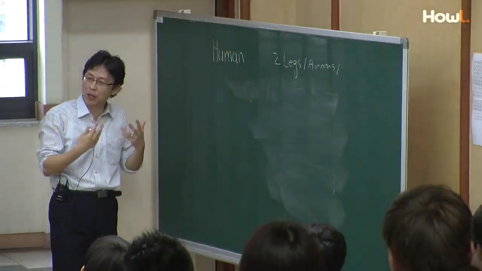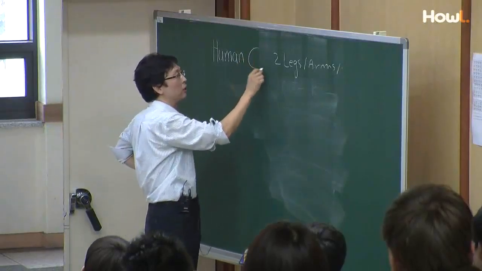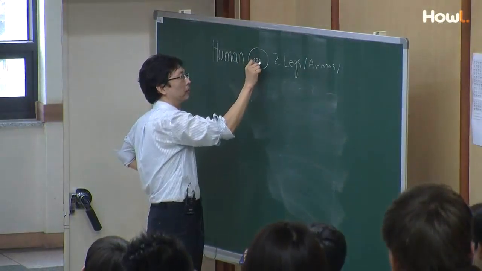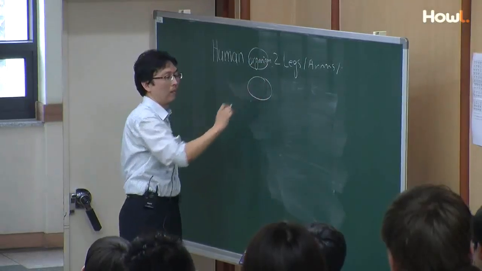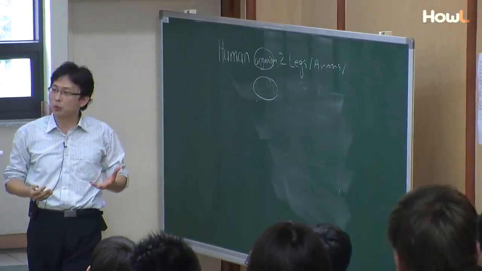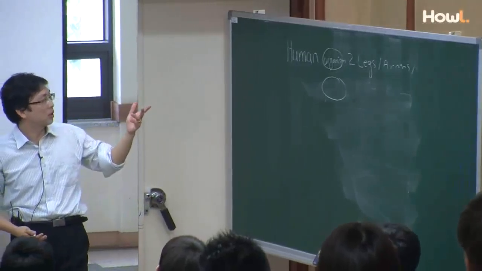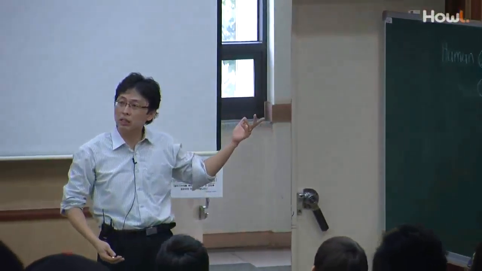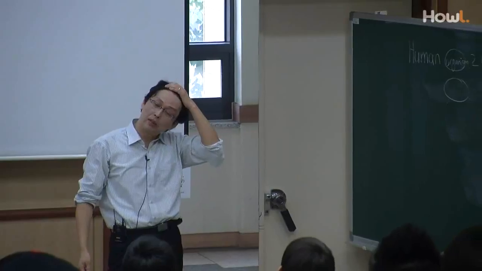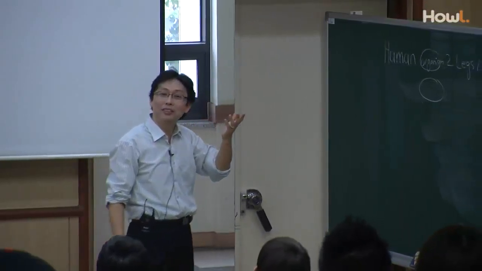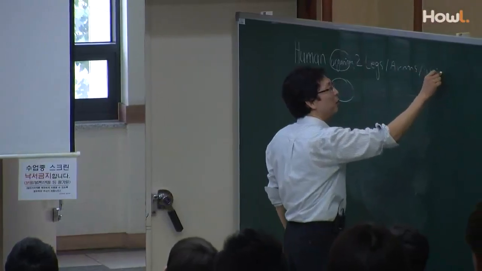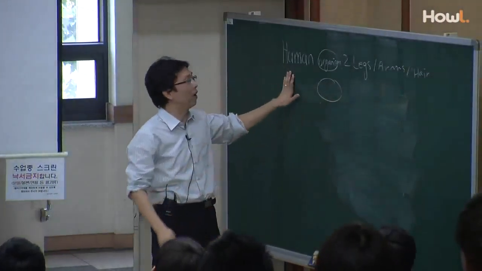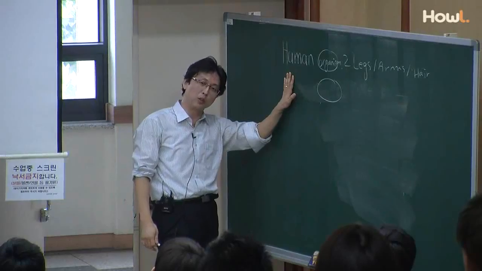Our properties are basic to the human, the organism. That's it. We can define the human with two legs, two arms. It's similar to the chimpanzees, the apes, one nose, hairs. So if we only use this organism to define the human, we can't distinguish between human and apes.